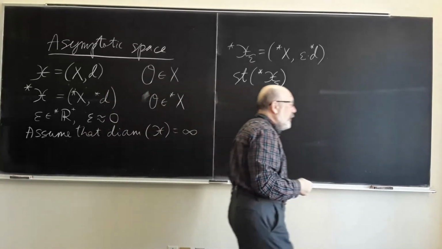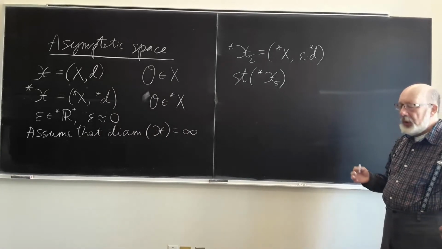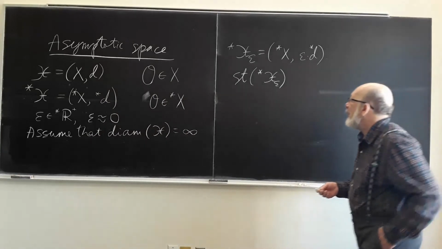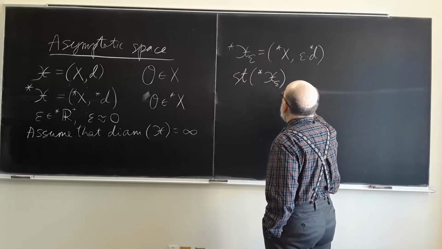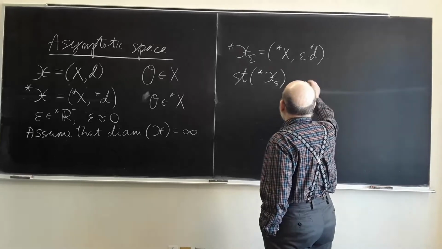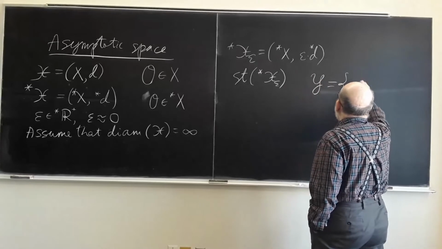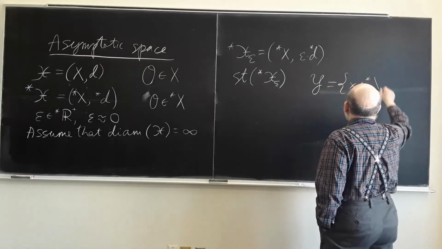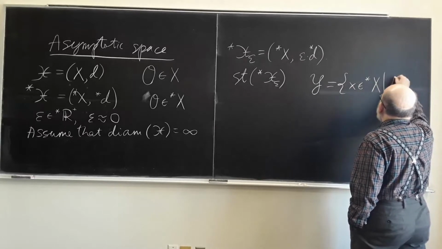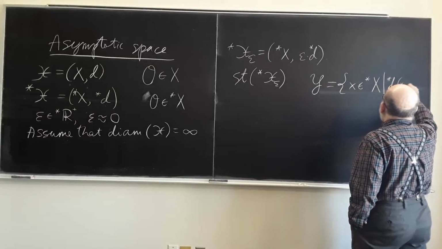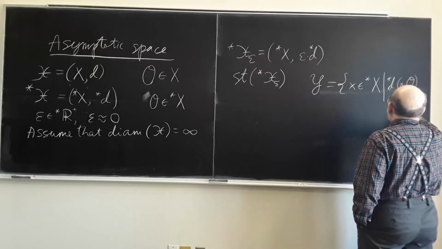So we consider first the set Y, it is the x in star X such that star d of x, O is bounded.